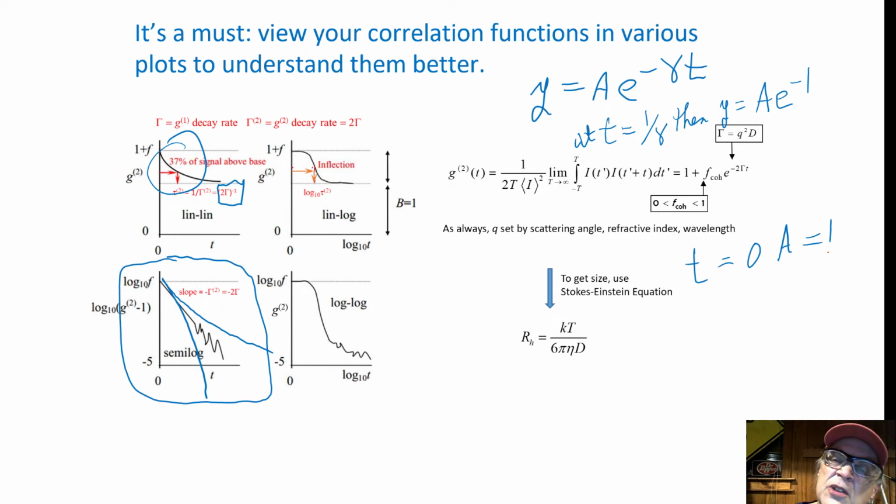And this is usually called the correlation time. Sometimes people call this a tau: tau correlation, 1 over gamma.